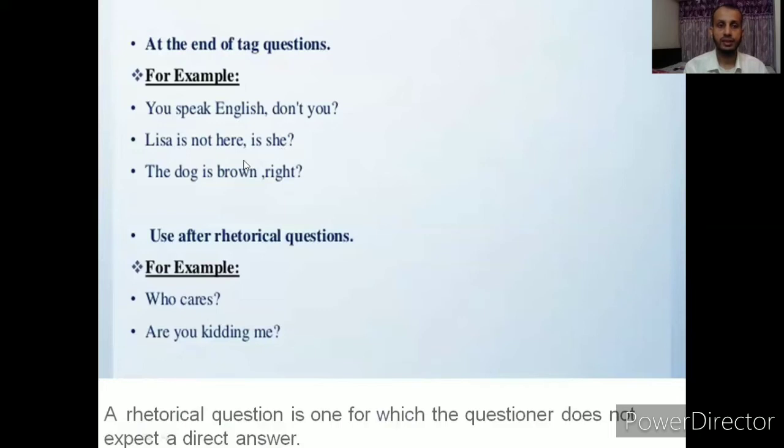The dog is brown, tag question is right. Use it after rhetorical questions. A rhetorical question is one for which the questioner does not expect a direct answer. For example, who cares? Are you kidding me? So these are uses of the rhetorical question.